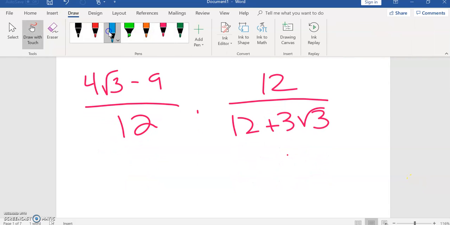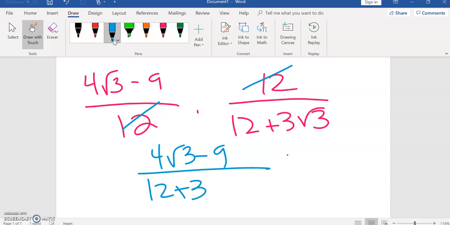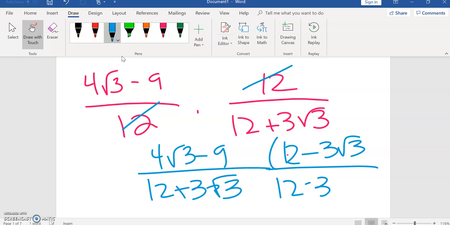Okay, I look at this and I go, well, the 12's cancel, so I have 4 square roots of 3 minus 9 over 12 plus the 3 square roots of 3. But then I have to rationalize, so I am going to multiply by 12 minus 3 square roots of 3, top and bottom.